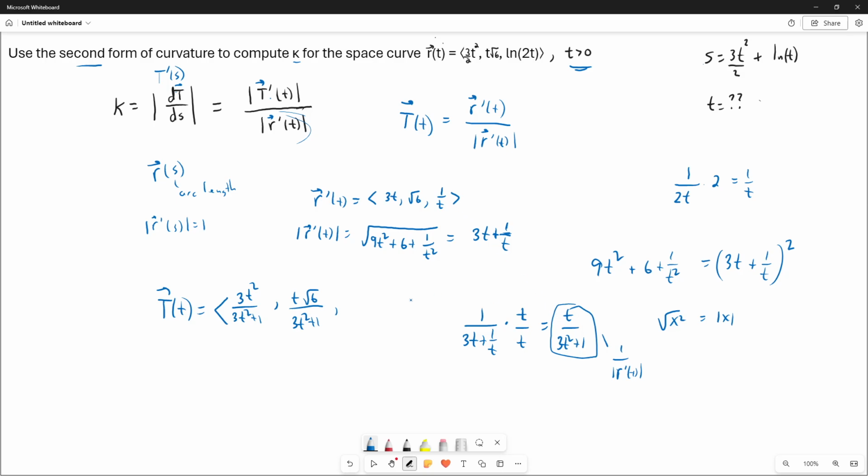The t's cancel, and you get 1 over the denominator. Okay, so there's our unit tangent vector. Now we have to take the derivative of that and divide it by the magnitude of r prime of t again. So we're going to take the derivative of T and multiply it by this fraction, because this is 1 over the magnitude of r prime.